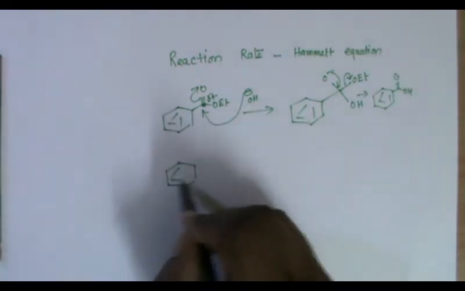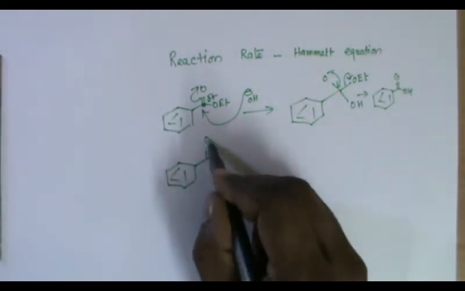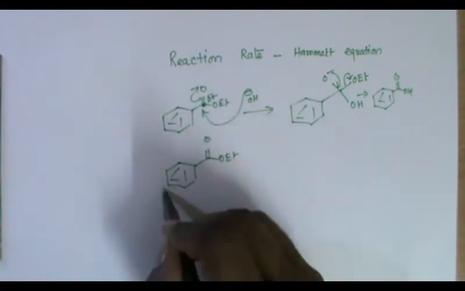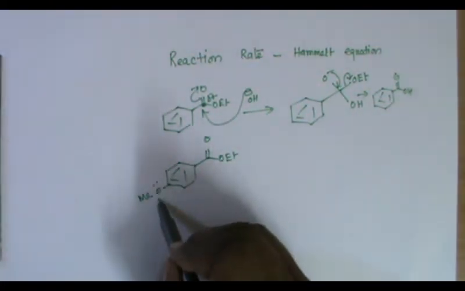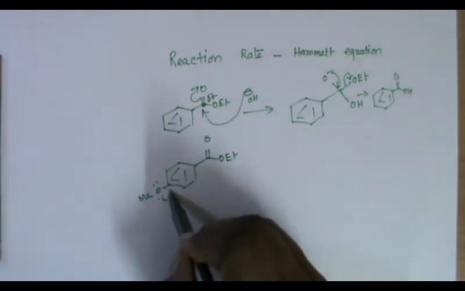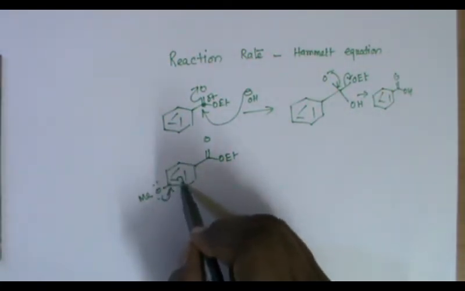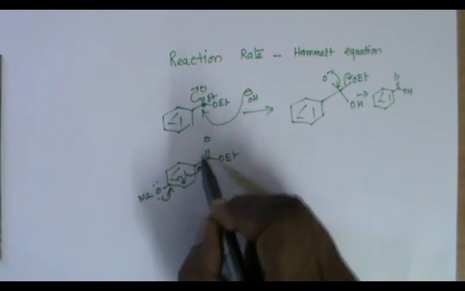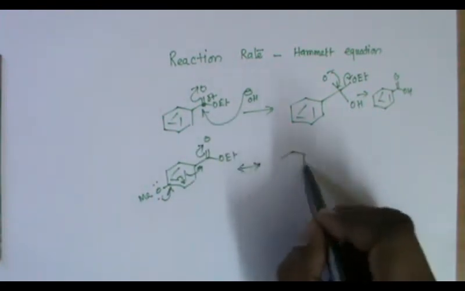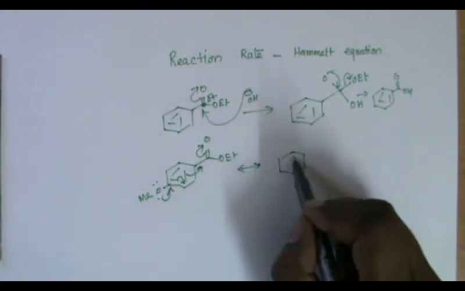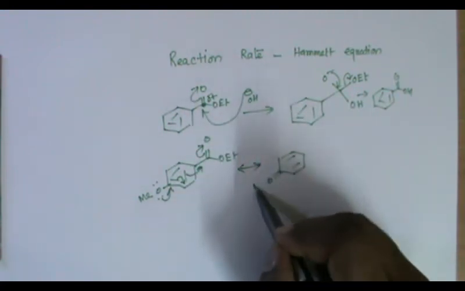If I add an electron donating group here, this lone pair of electrons will go inside and it will reduce the positive charge on that carbon like this.